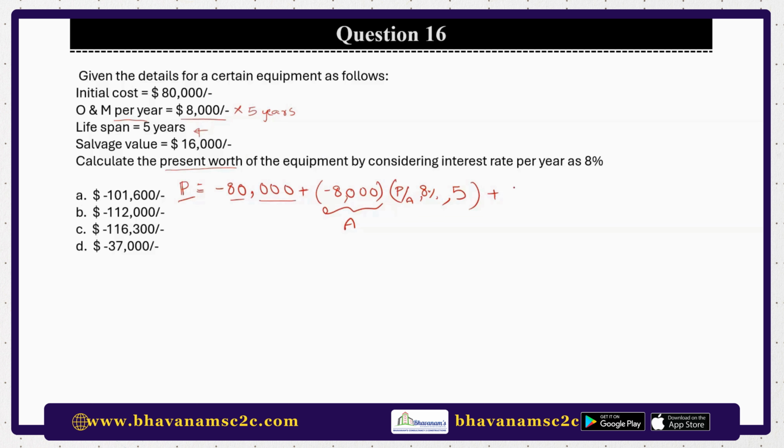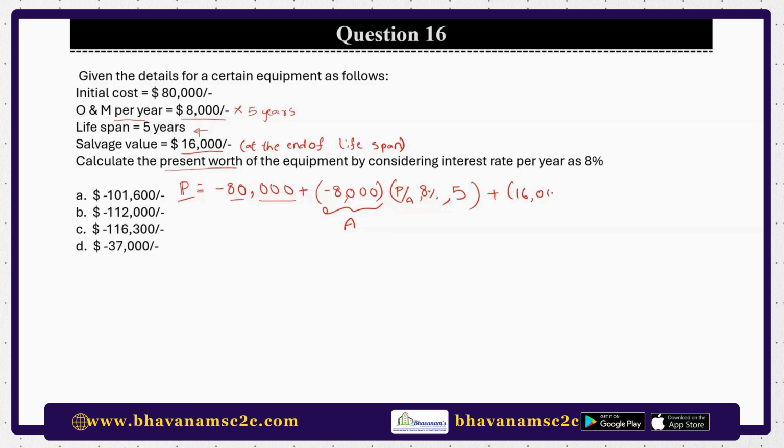Whereas coming to the salvage value, it is at the end of 5 years. Am I correct? If you can recollect the formula we discussed in class 1, what did we discuss for the salvage value? Salvage value is the value of a certain equipment or a product which we obtain at the end of its lifespan. So it means that it is not the present value. It means that it is the future value. Am I correct?